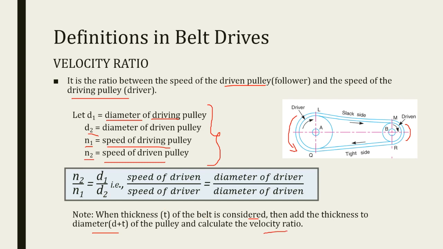This is one of the important things that you need to note while calculating the velocity ratio. Generally, the thickness will not be considered. Suppose the problem says you have to consider the thickness, then you have to remember this particular point and then add the thickness.